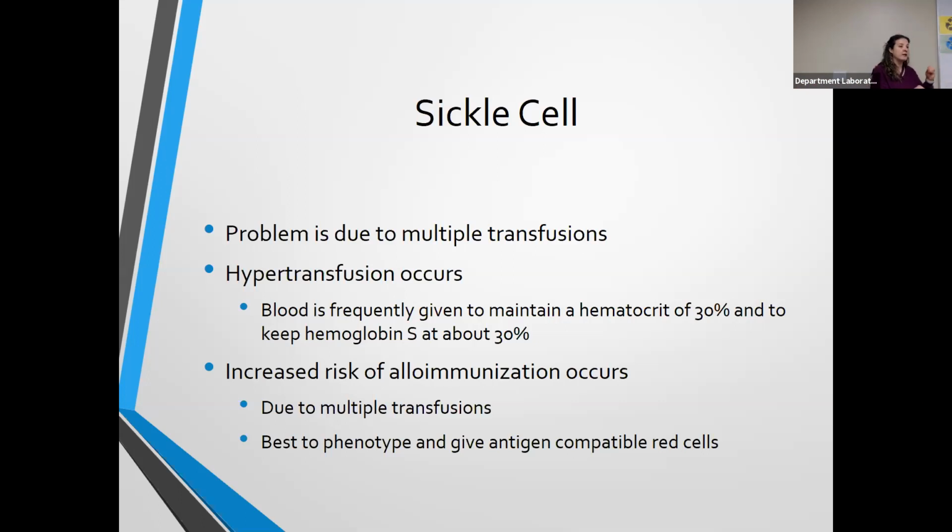That way they are never exposed to an antigen that they don't have, therefore they can't build the antibody. They try to do that now, to reduce how often these patients are alloimmunized.